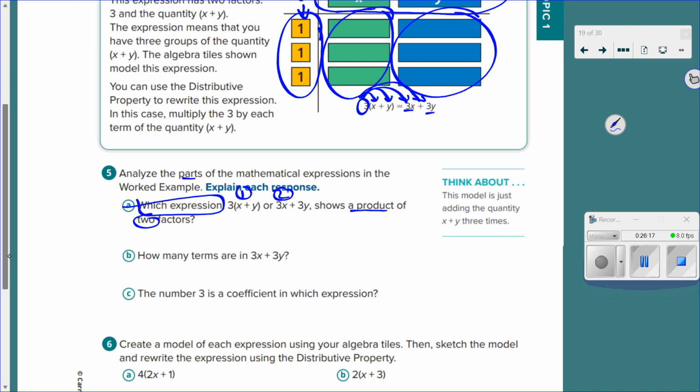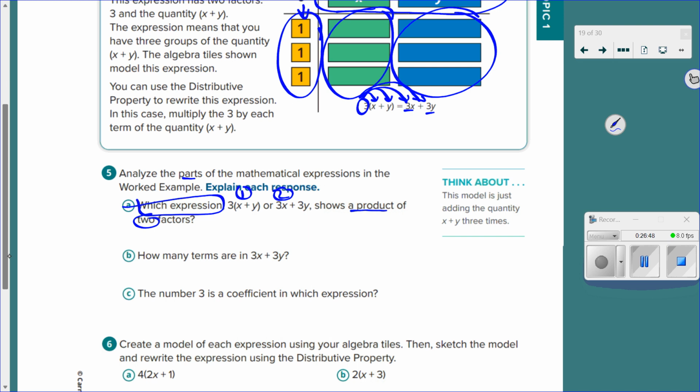Okay, the problem. Am I multiplying 3 times x plus y, or am I multiplying 3x and 3y? What am I doing with the 3x and 3y? Adding. Is that a product? No. So which one shows a product? First one. For all of you that said the second one, do you understand why that was wrong? Because the second one is actually showing addition, right?